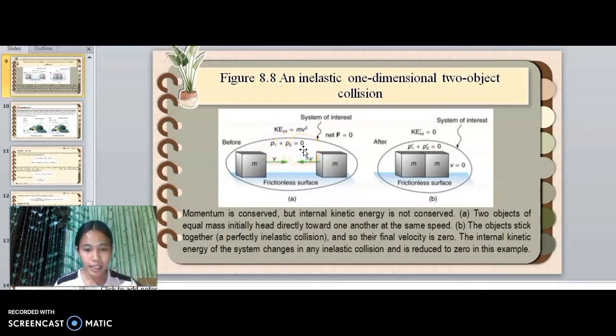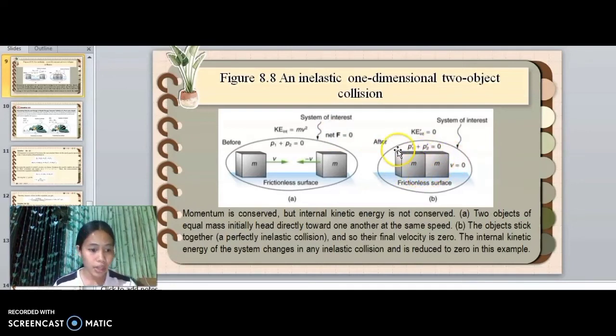And our internal kinetic energy's formula is one half mv squared, and again there is no net force. It is 0 because it is a frictionless surface. Now after, or when the collision occurs, the mass 1 and the mass 2, or the first object and the second object, stick together.